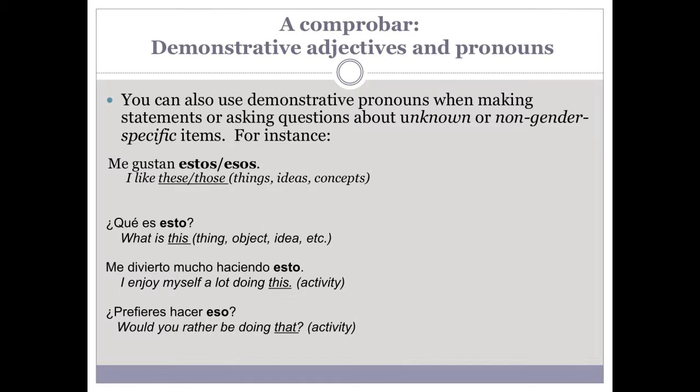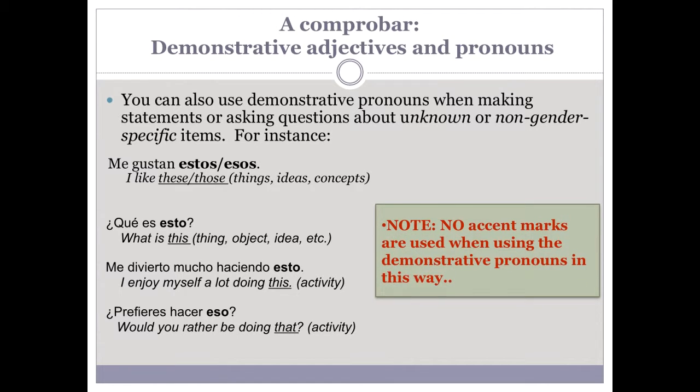These are what you might consider neutral. They're neither masculine nor feminine, with the exception of the first one, which would be masculine plural. Note, no accent marks are used when using these demonstrative pronouns by themselves in this way.